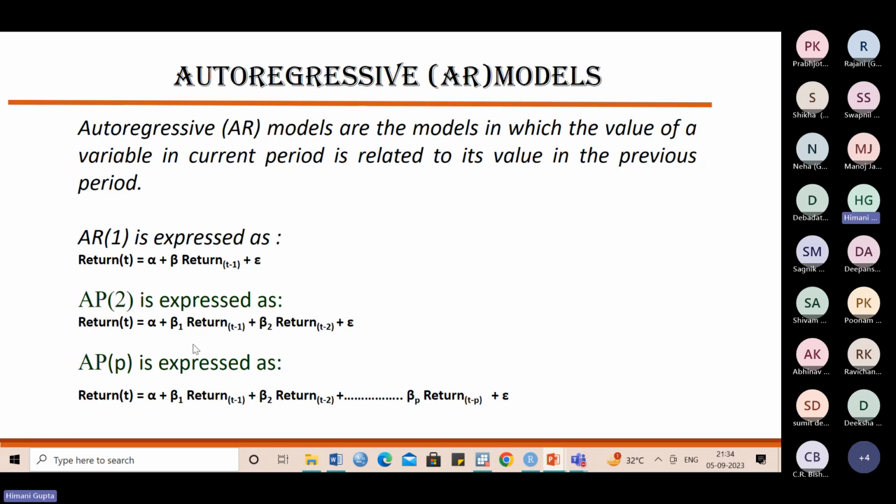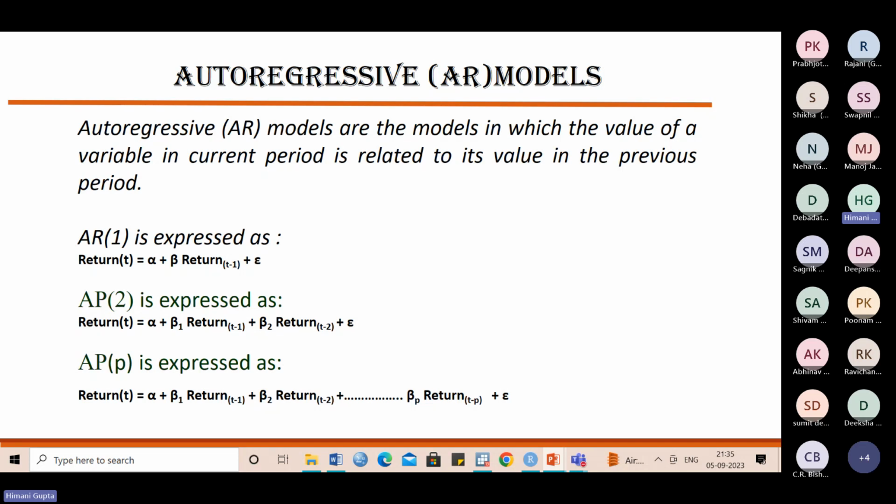If I'm talking about the population, today's population depends on the previous day's population. Right now 100 people are living in my area. So it's obvious that whatever the population was yesterday, today it will be something plus or something minus.